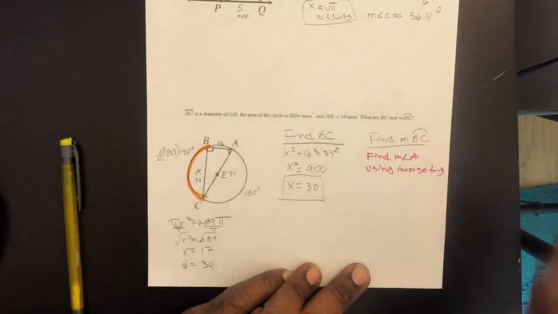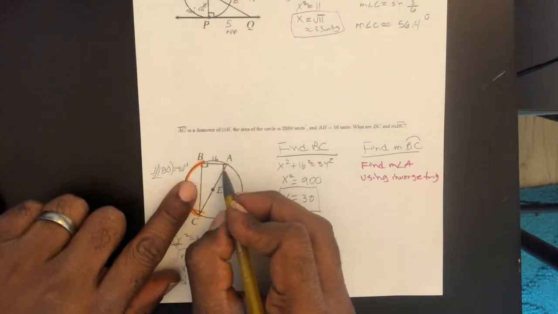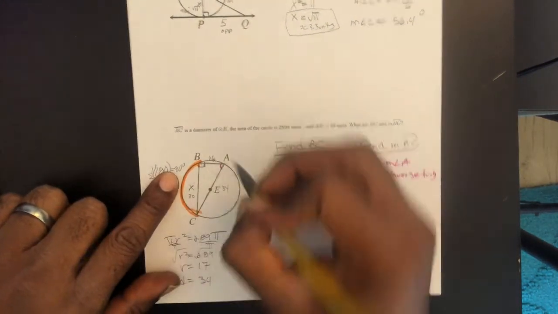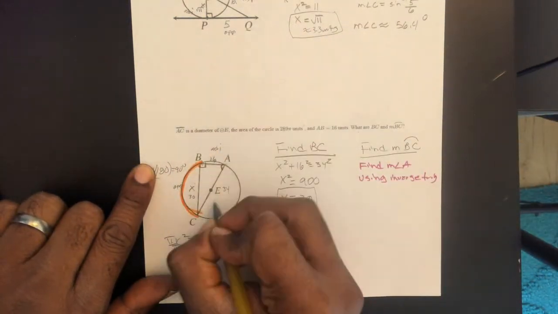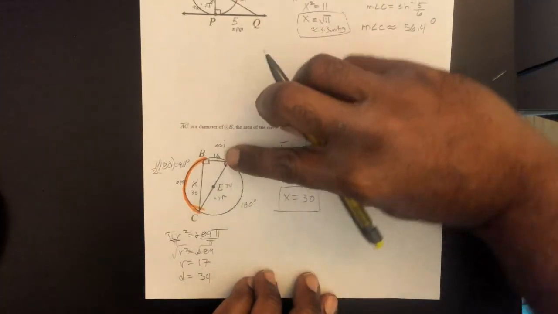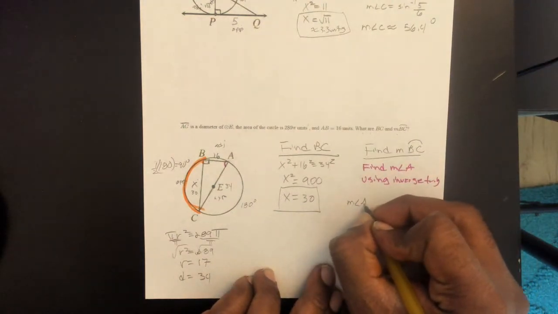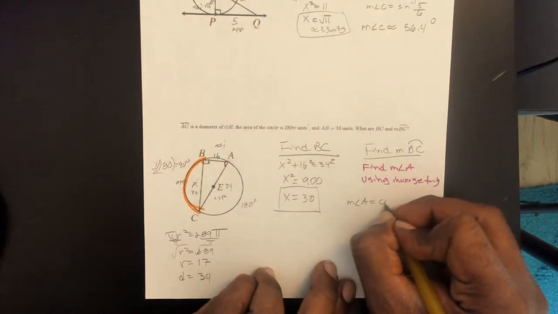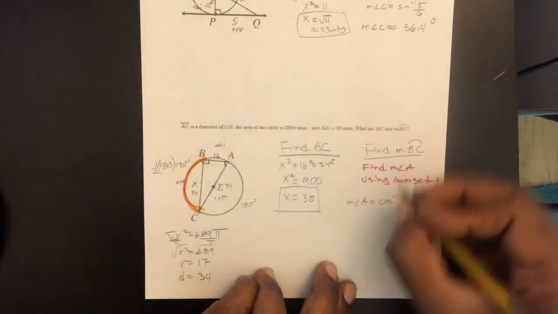We have a lot of ratios that we could draw to do this. So here's angle A. Put your finger on the angle. There's your opposite side, there's your adjacent side, and there's your hypotenuse. So how about we use inverse cosine for angle A?